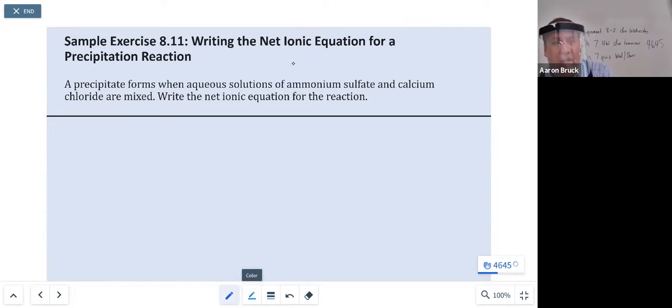From our polyatomic ion sheet, we should know that ammonium is NH4+, and that sulfate is SO4 2-. So if I do a crisscross there, my ammonium sulfate would be NH4 taken twice, SO4.